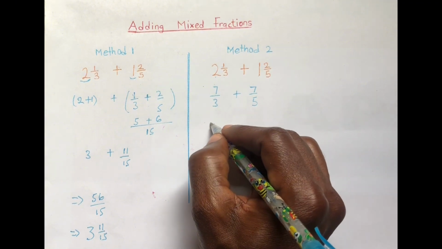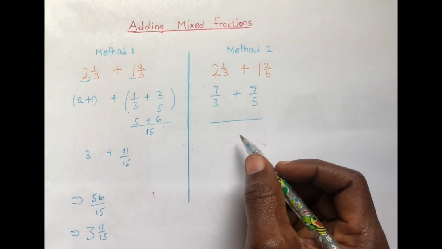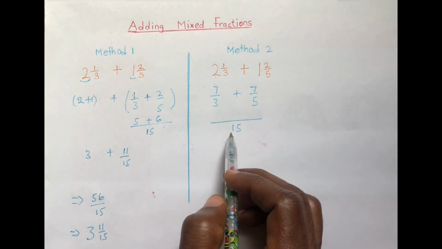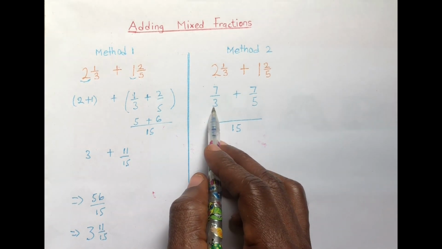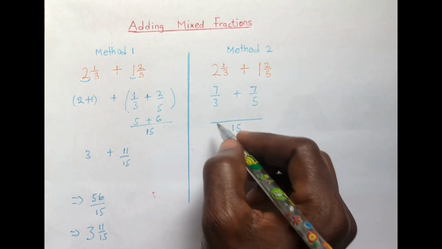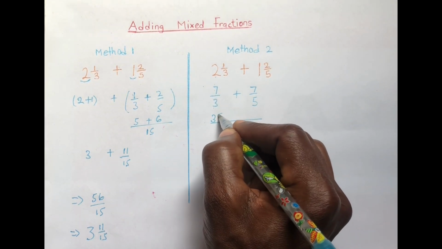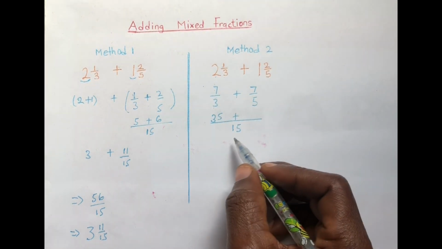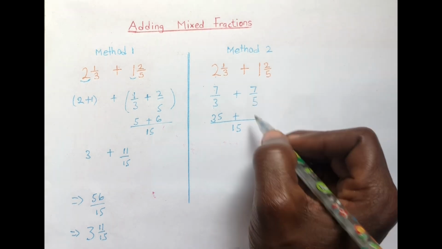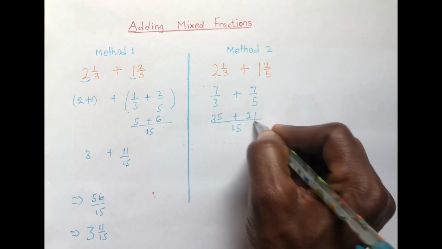Then we find the LCM of the denominators, which is 15. Then 15 divided by 3, which is 5. Then we multiply the 5 by the numerator 7, which will give us 35, plus 15 divided by the 5 will give us 3. 3 times 7, which is 21.